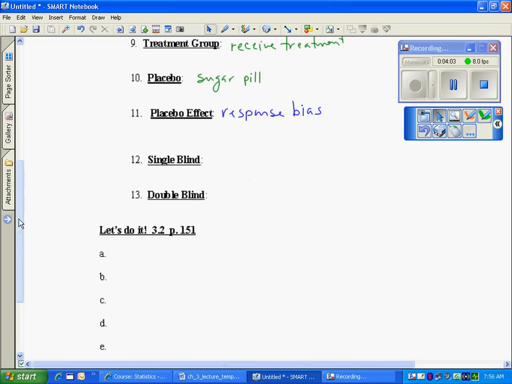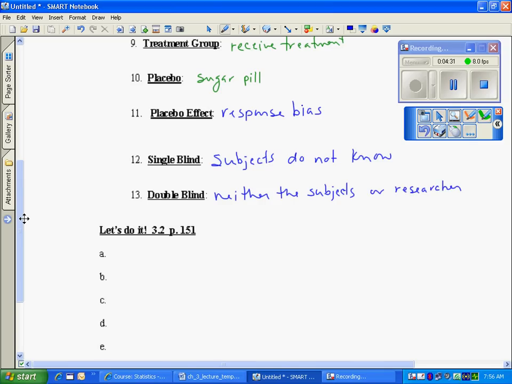Single blind means the subjects in the experiment do not know which group they're in. They don't know if they're getting the placebo or not. In the double blind, in this case, neither the subjects or the researcher knows.